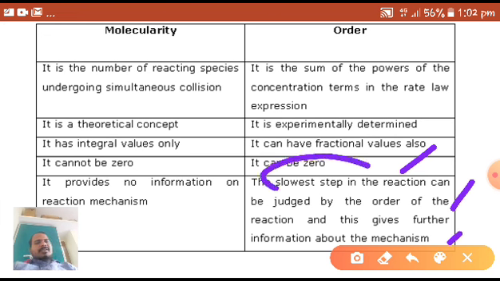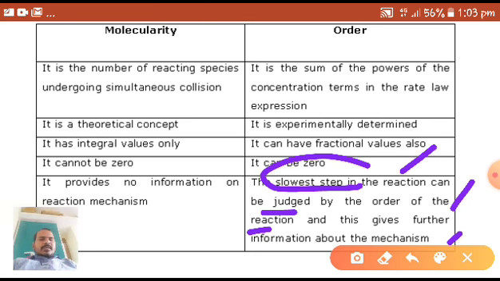Why the order? We have discussed that rate law is different from law of mass action. Rate law is concerned only with the slowest step, so from the rate law we can determine the order of a reaction.